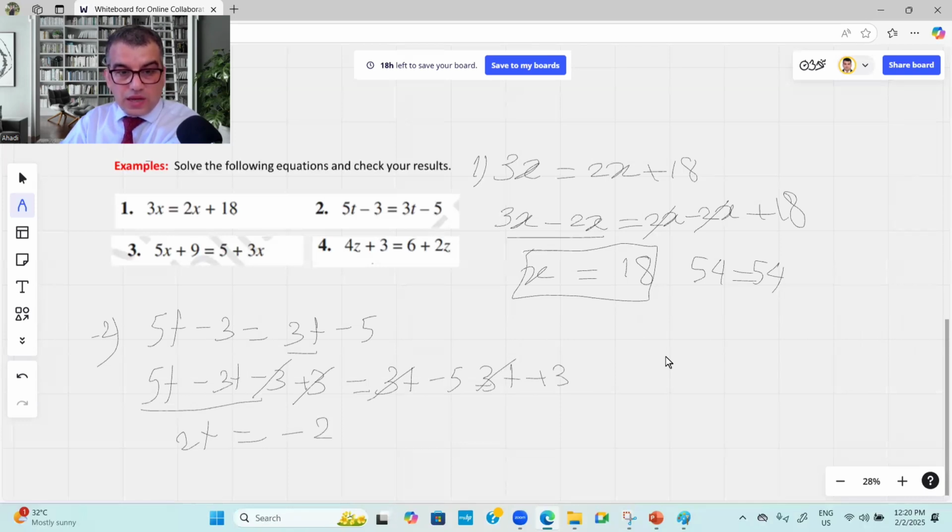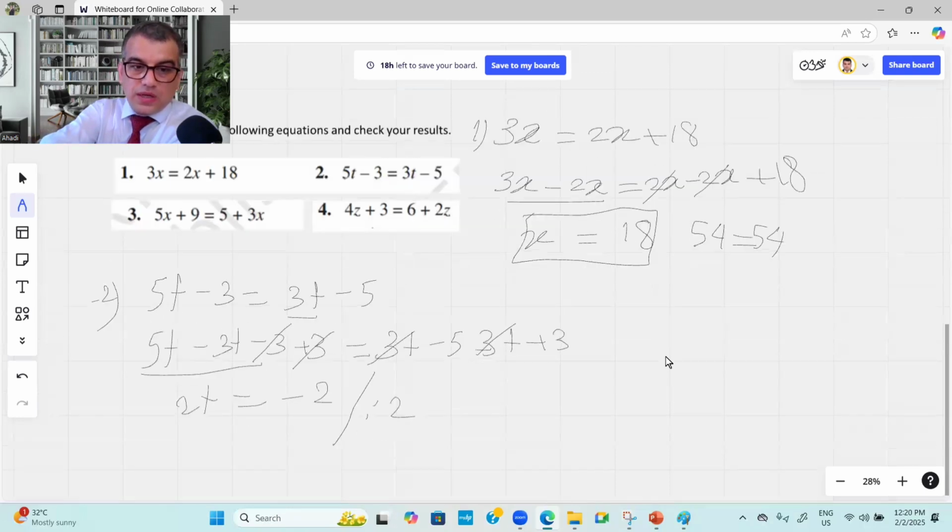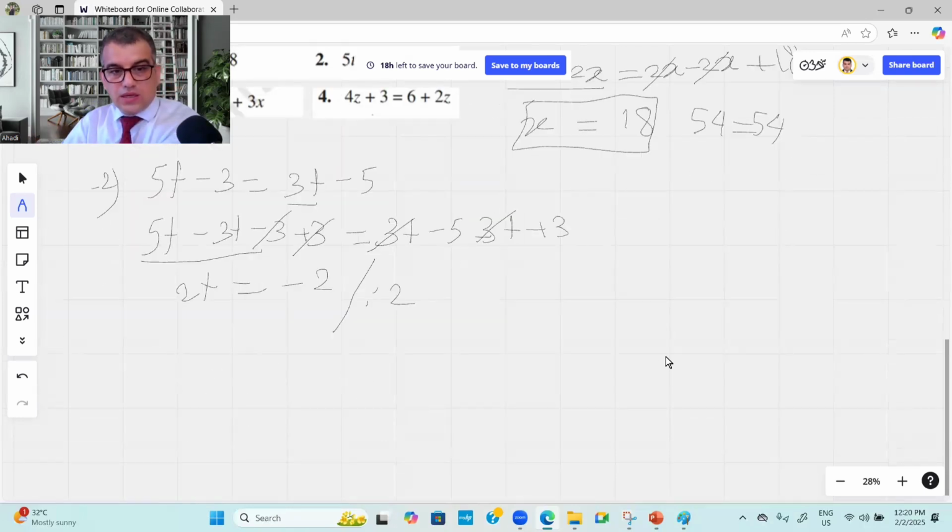Now see here we have a one-step equation. To solve a one-step equation, we divide both sides of this equation by a. What is the value of a? It's 2. So from here you will get 2t by 2 equals minus 2 by 2.